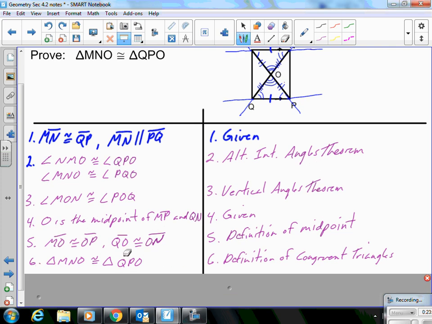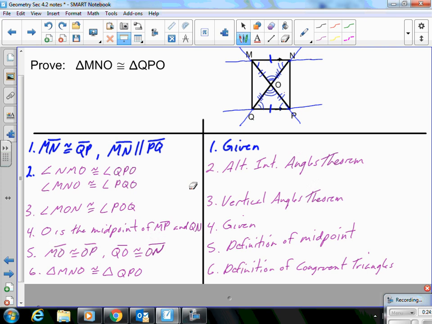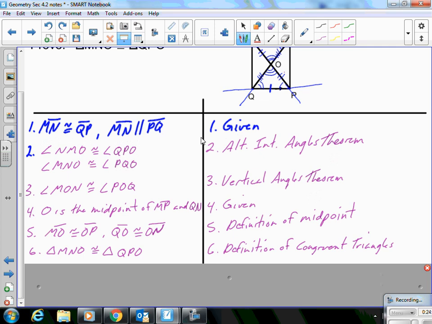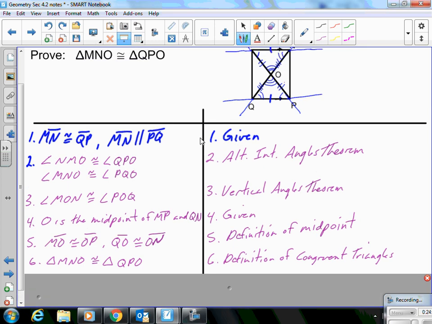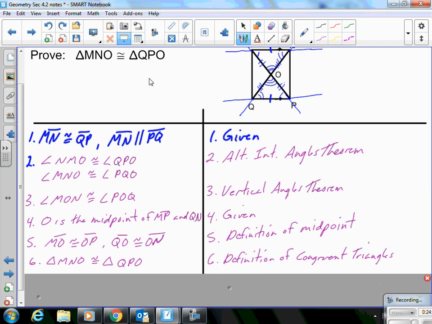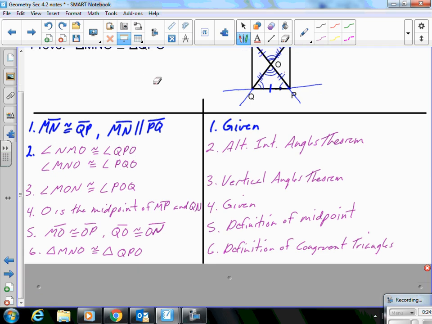And remember, when we write that statement, it's important that the letters are in the right order so that we're matching all the corresponding parts together. All right. Questions on that one?